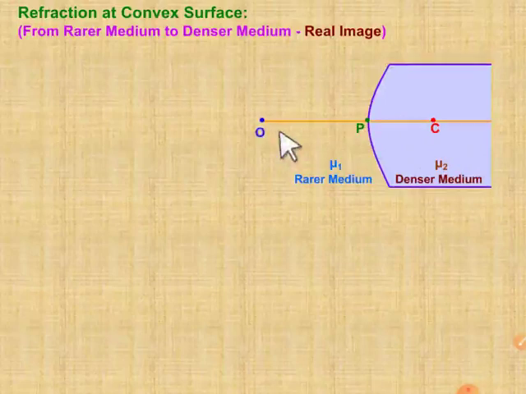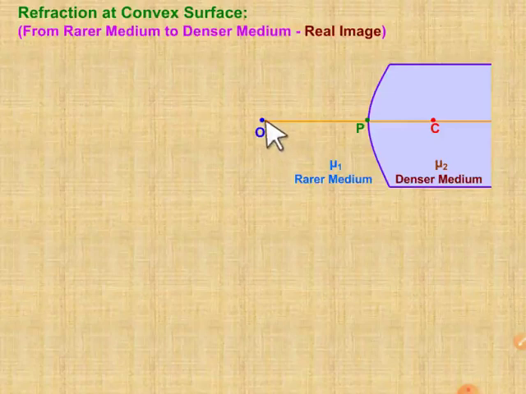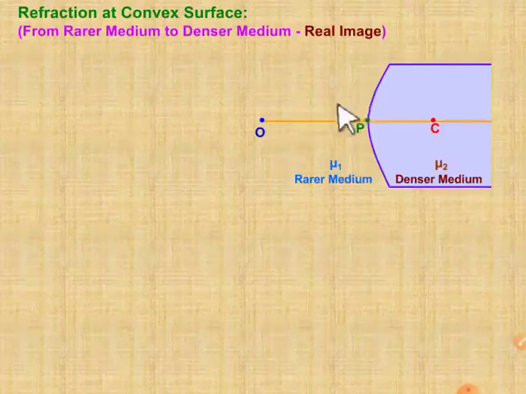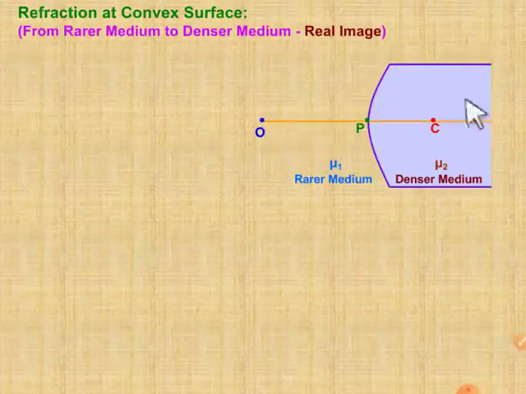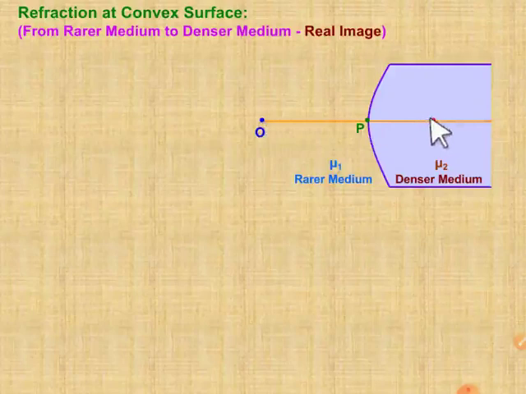Then let's take this point O as the position of the object, and from this object, light will start coming or incident onto this spherical surface. Two light rays may be coming, one from here, which will take refraction, and the other will be passing through the pole, passing through the center of curvature.